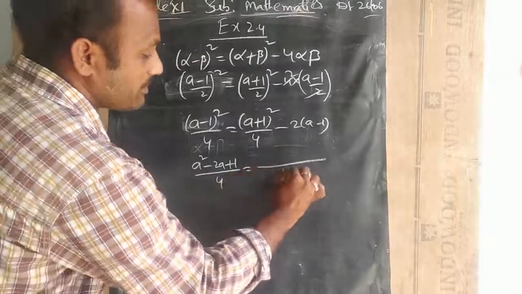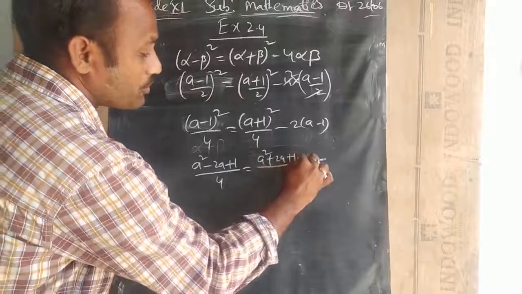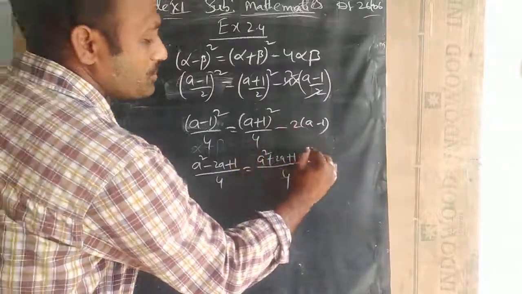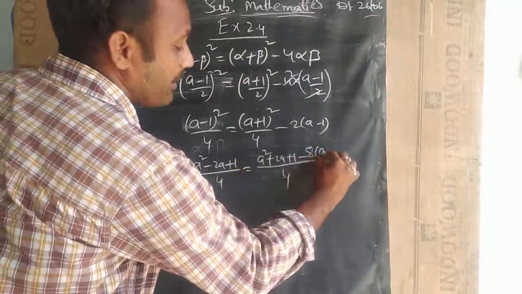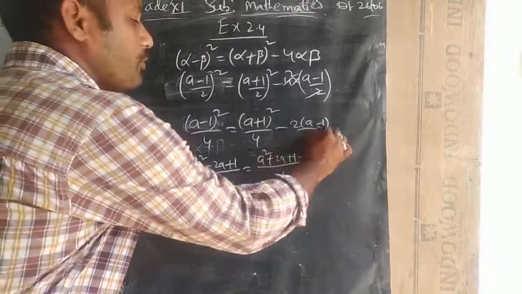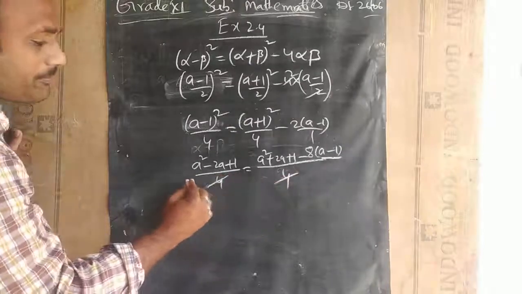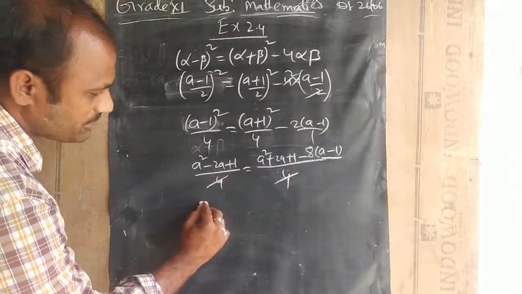Here the overall LCM is 4, so a² + 2a + 1 minus 4 twos are 8, 8 of (a − 1). Why? Because the LCM is 4. The 4 gets cancelled here.